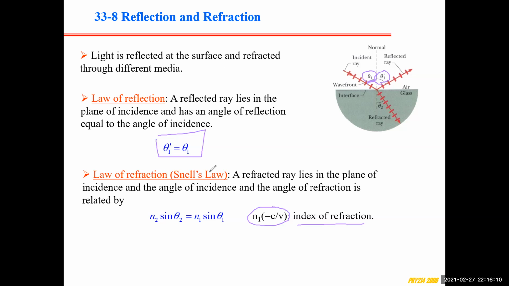So when you have a light ray that's being refracted, it follows the law of refraction. The refracted ray lies in the plane of incidence, and the angle of incidence and the angle of refraction are related by this. Let's say this is n2 and this is n1. So you have n1 times sine of theta 1, the angle of incidence, equal to n2 times sine of theta 2, again in reference to the normal.